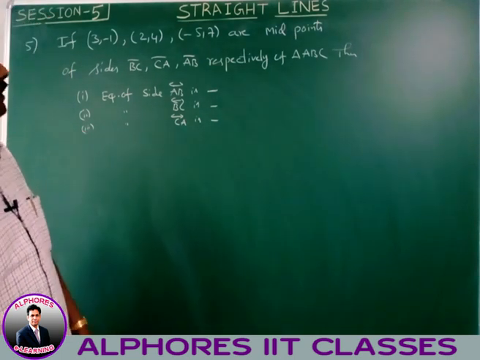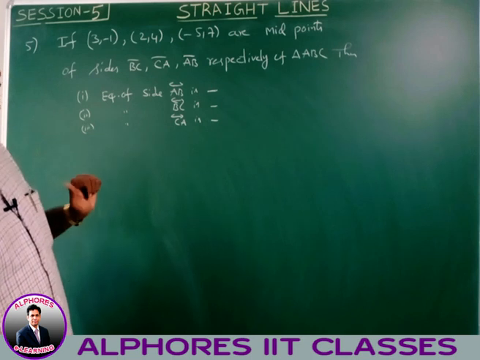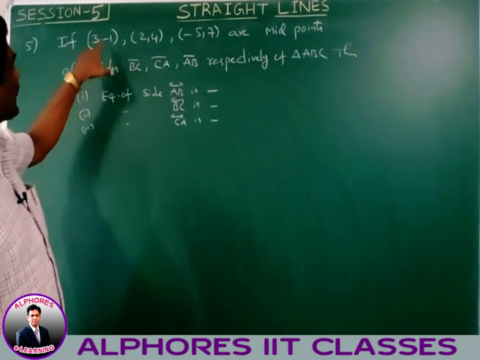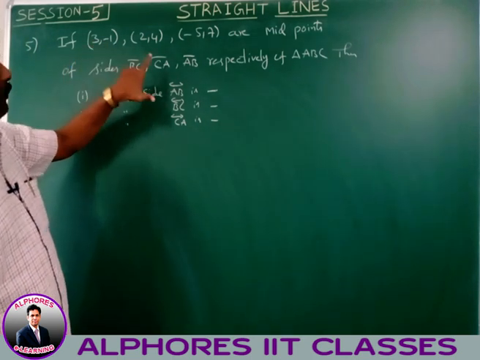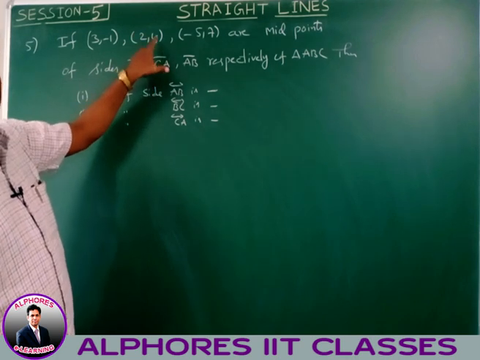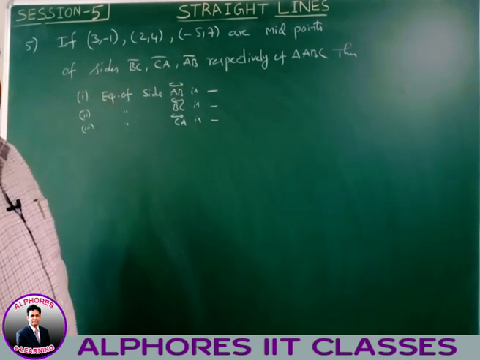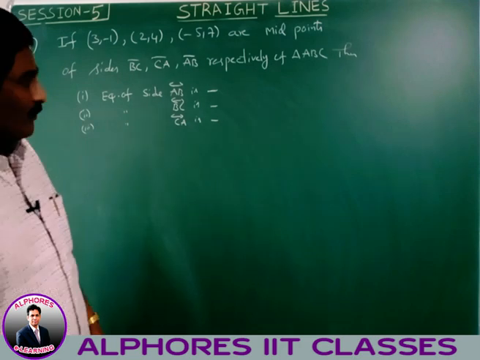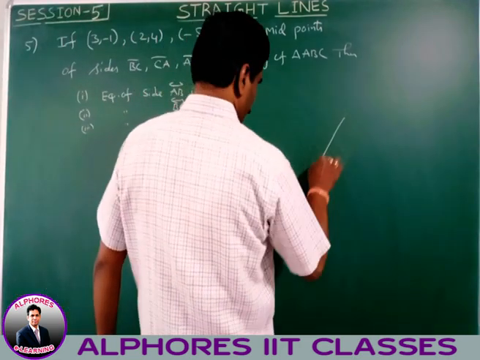In this problem, the midpoint of BC is (3, -1), midpoint of CA is (2, 4), midpoint of AB is (-5, 7). These are the given conditions. First we draw the rough diagram.